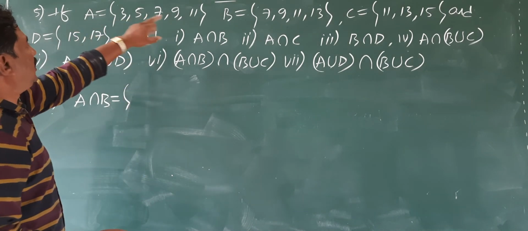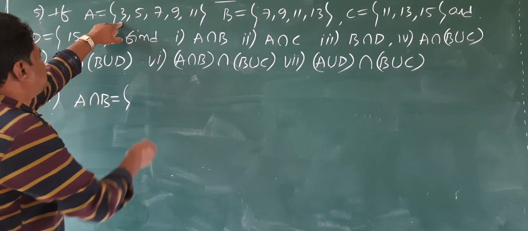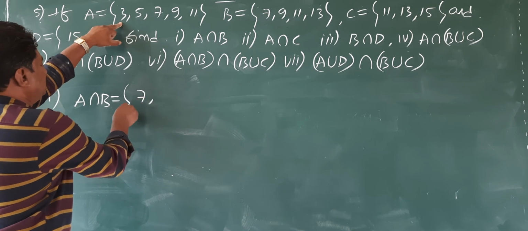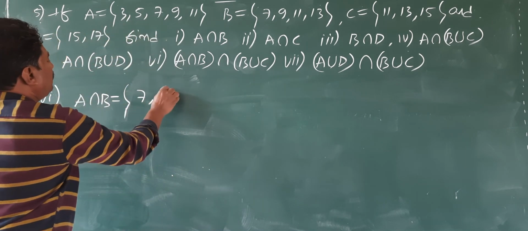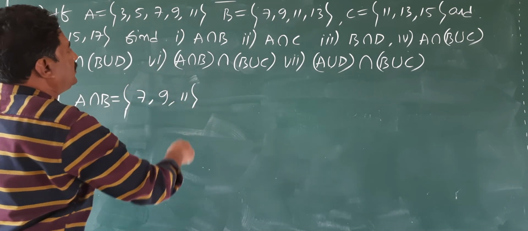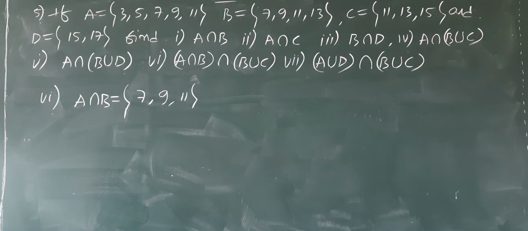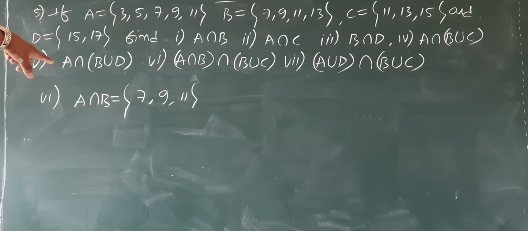No. 3 is not common. 5 is not a common element. 7 is a common element. Next, 9 is a common element. 11 is a common element.